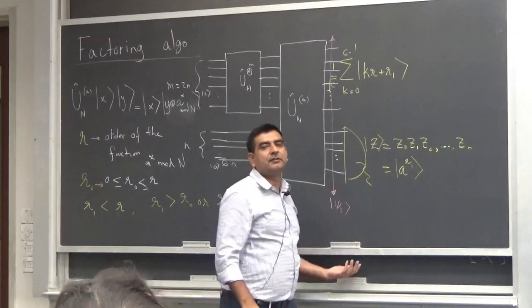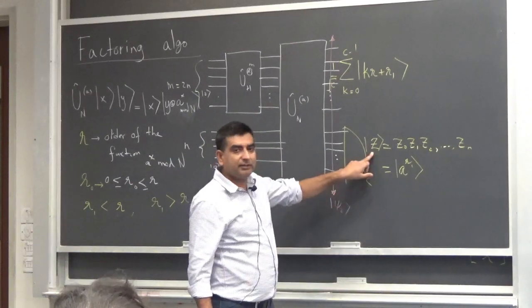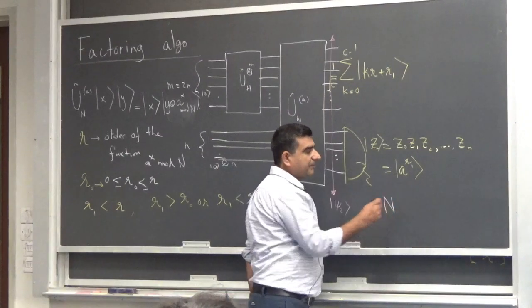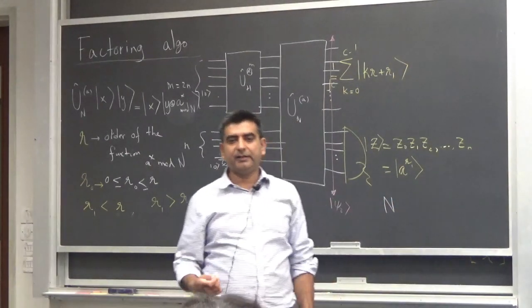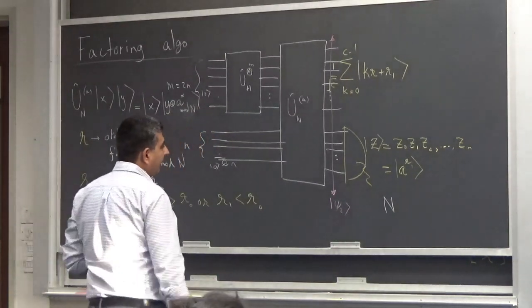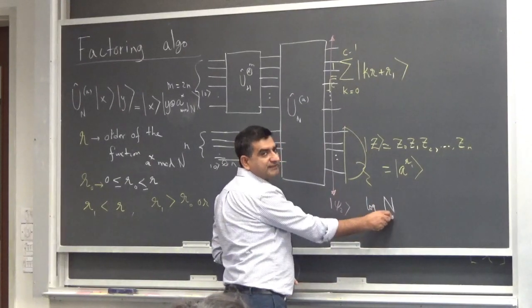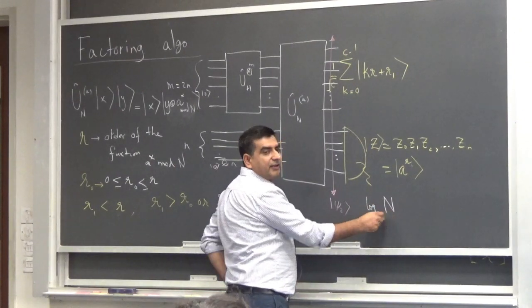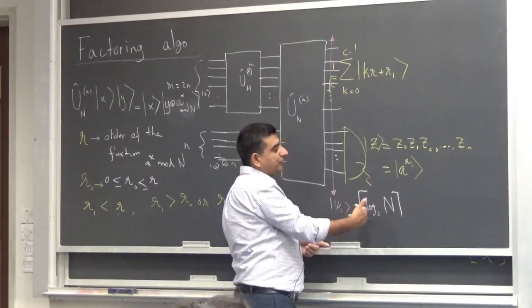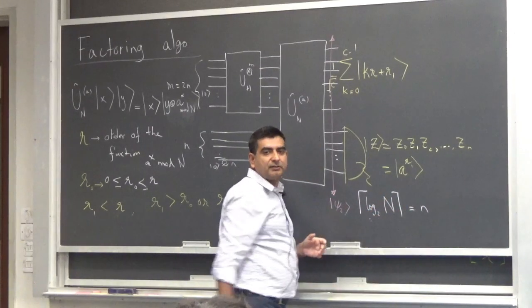Sir, how is Z different from N? N is a number, right? N is some number, 15, 21, 39. Capital N is a number. Small n is the number of qubits you would require to encode this capital N. This might be a non-integer, so you would use the integer that's just close to this fractional number, log capital N. This is how we define small n.